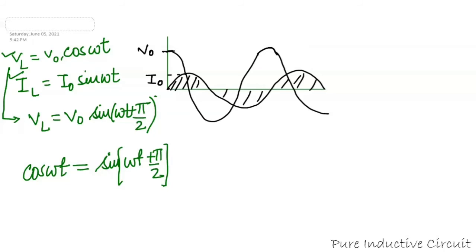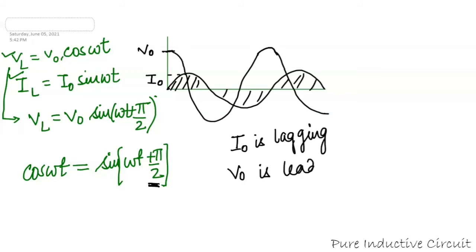Because at the same point the value of VL is more, IL will have to move pi by 2 more to achieve the maximum point. That's why VL is pi by 2 angle ahead of IL, meaning it is moving pi by 2 angle faster than IL. So in this case IL is lagging and VL is leading.